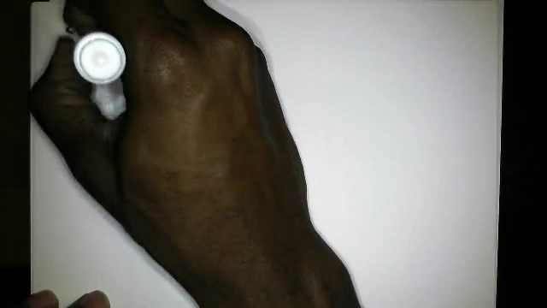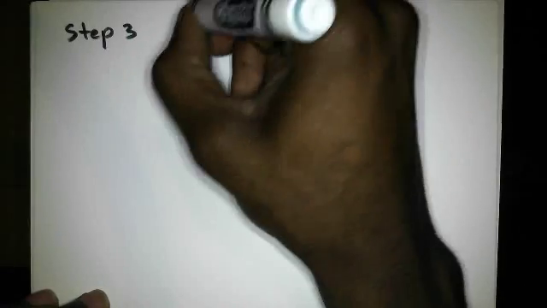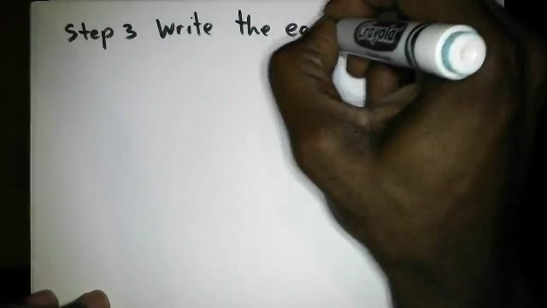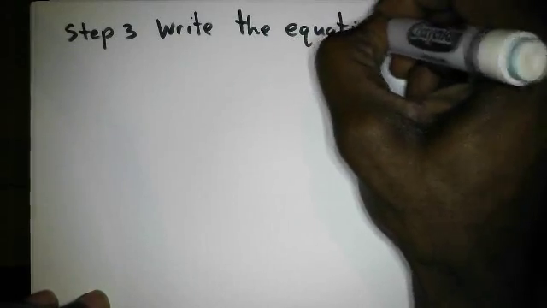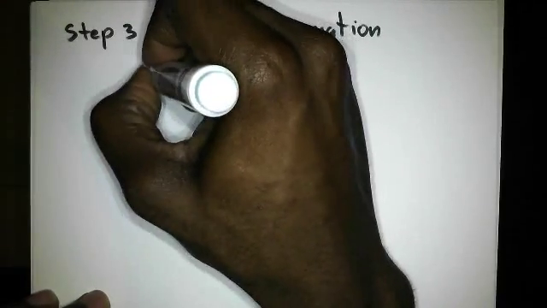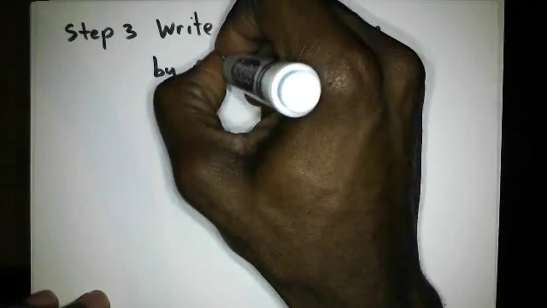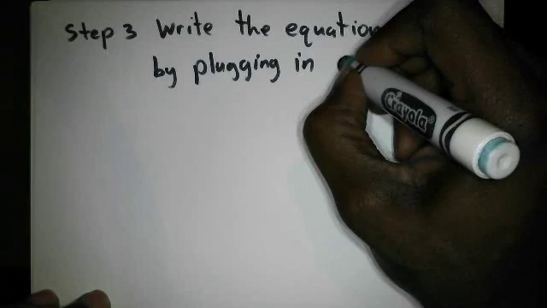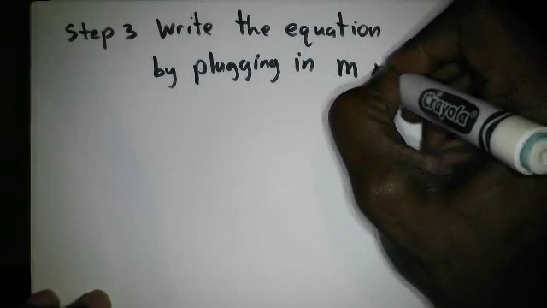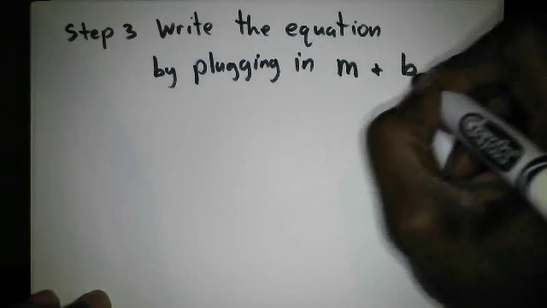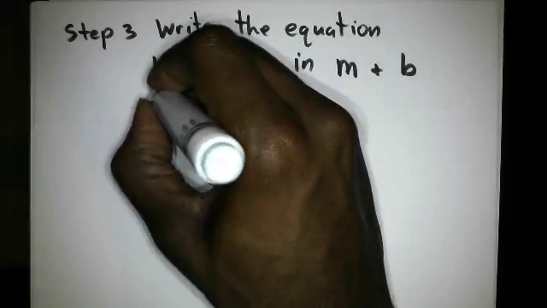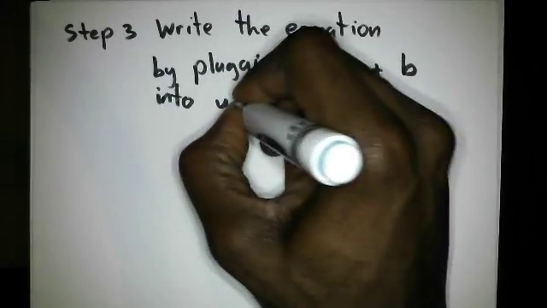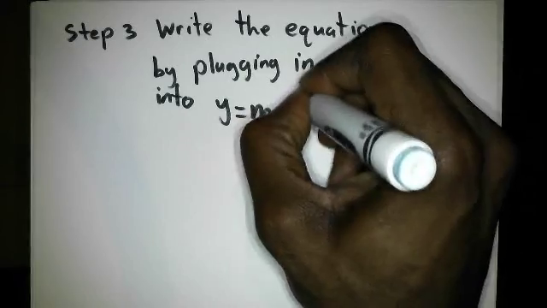Step number 3 is to write the equation by plugging in. Now we're only plugging in m and b. So those are the two letters we're plugging in, and we're going to plug them into y equals mx plus b.